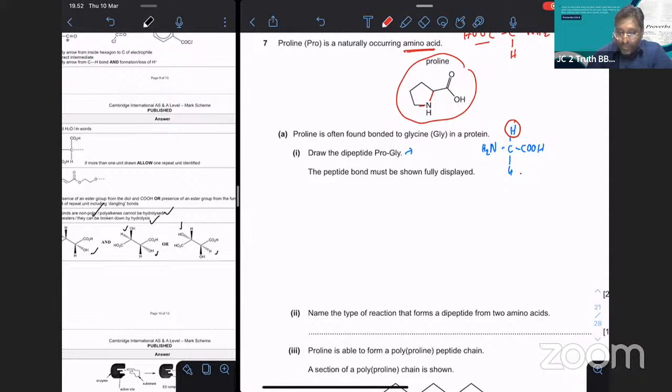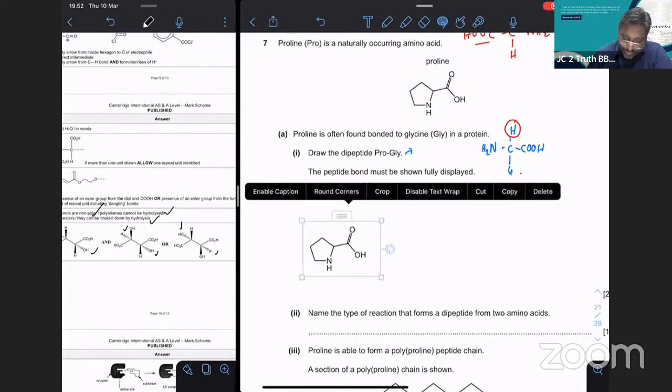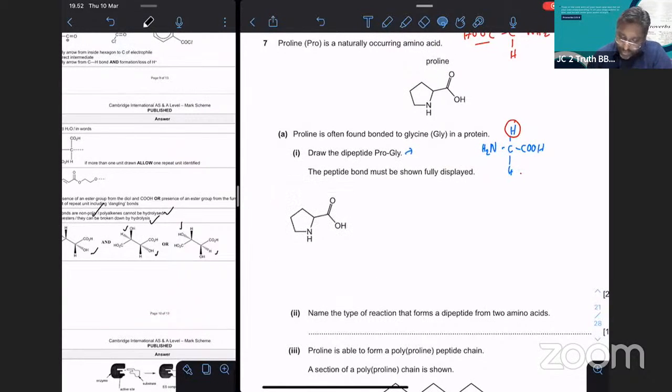So what happens is you are going to react these two. Let me erase this, and then I select the same thing and bring it over here. I put it over here, and now I'm going to react it with NH2.